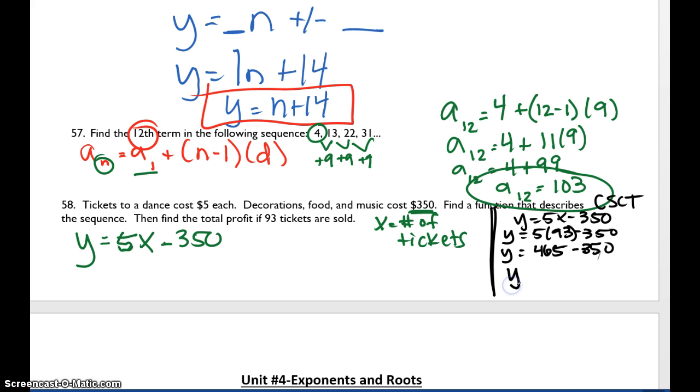So y, which is the total profit, if we subtract the $350 that we have to pay from the $465 we earned from selling all these tickets, we'd end up getting 115.